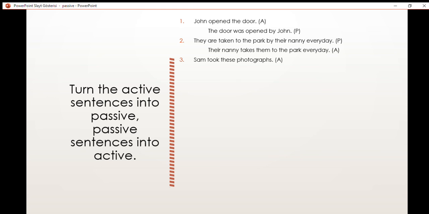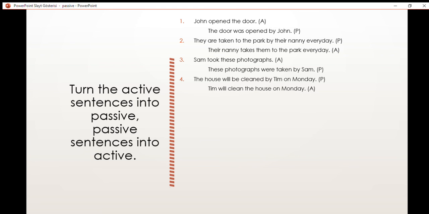Sam took these photographs. These photographs were taken by Sam. The house will be cleaned by Tim on Monday. Tim will clean the house on Monday.